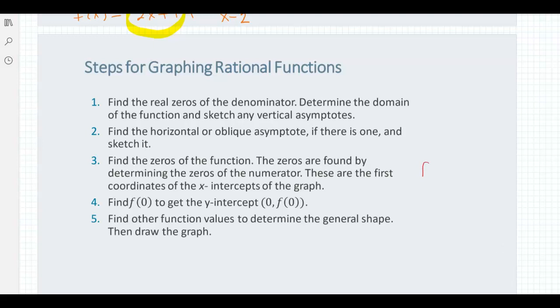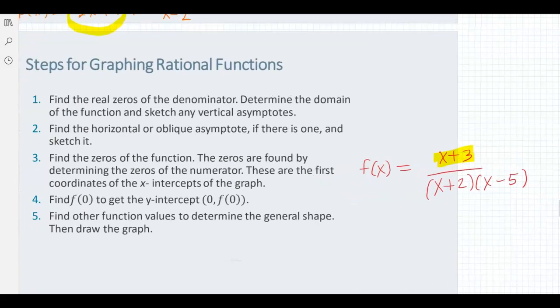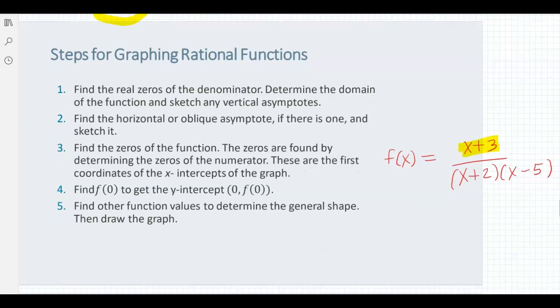A function is not going to have the denominator ever equal 0. We're removing those points. So when we want to know when the function equals 0, what its x-intercepts are, we're only going to look at the numerator. So the x-intercepts will come from the zeros of the numerator. And then to get the y-intercept, of course, we plug 0 in for x. And then if we need to, we plug in a couple additional points into the function to get a general idea of what the graph looks like. But again, for number 5, you'll more than likely just use Desmos.